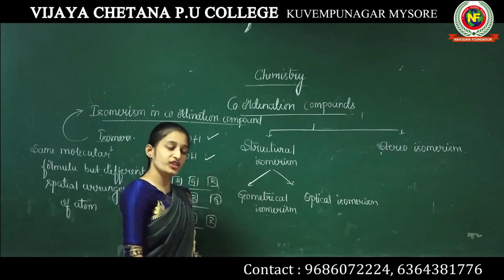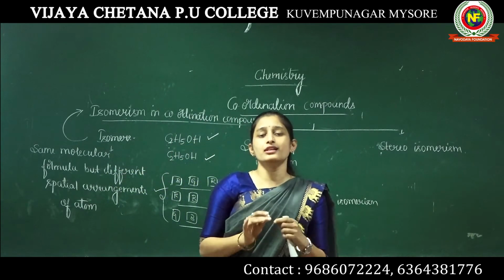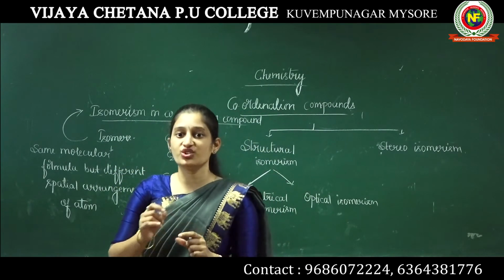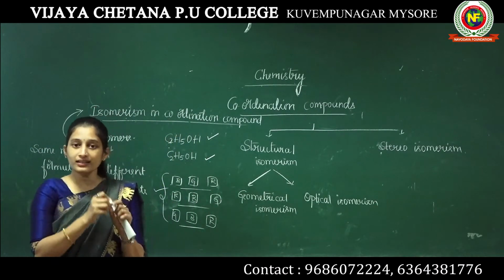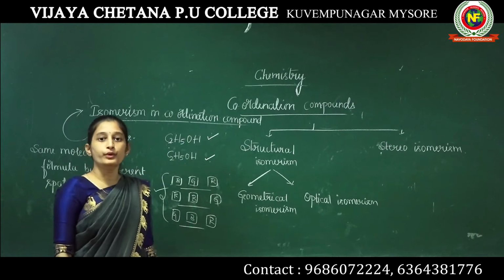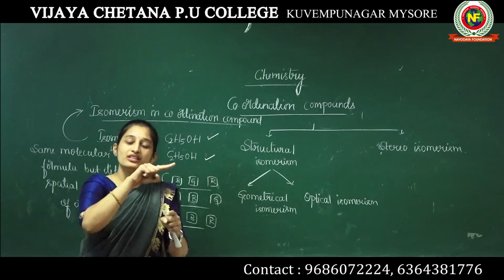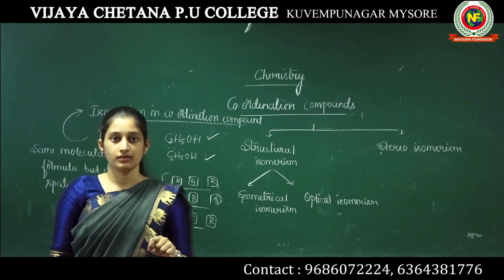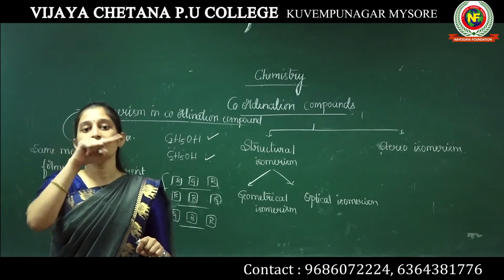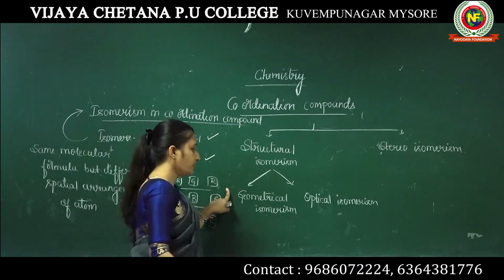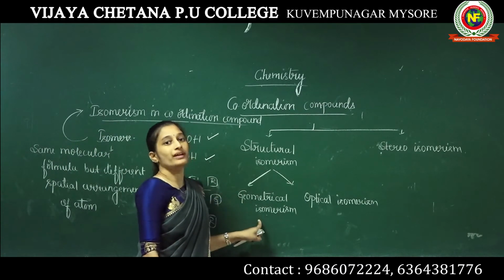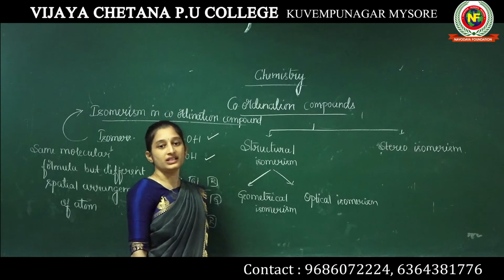Structural isomerism. The name itself indicates it: structure means within the coordination compound, if the ligands change their place, that is a structural change. That is structural isomerism. In that, geometrical and optical.